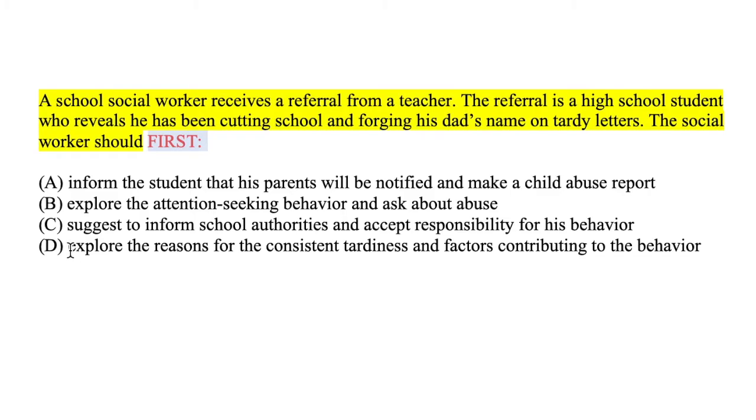So D is going to look like the very first thing that you're going to want to do and the most appropriate answer to this question. And again, that's explore the reasons for the consistent tardiness and factors contributing to the behavior. This is going to tell us more things. Again, A, B, and C may certainly be things that happen later on, but a key word in this question is first. So we're always going to want to take a look at the wording of the question.